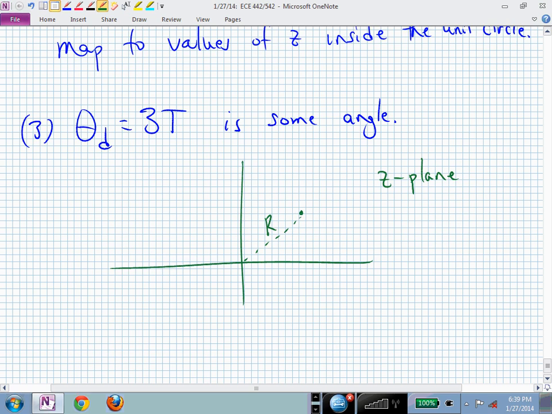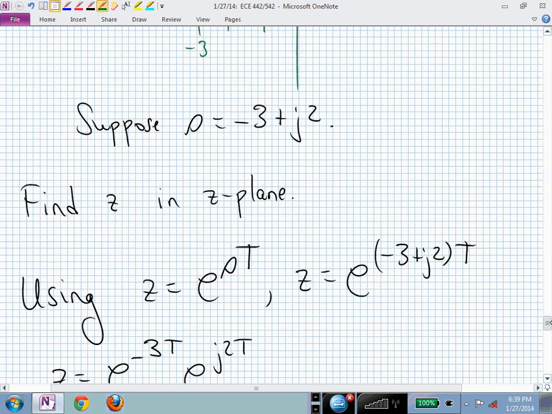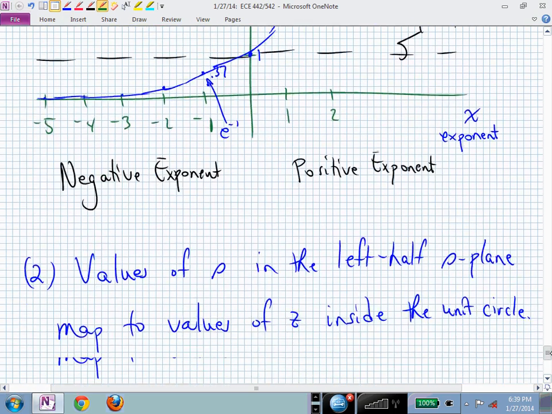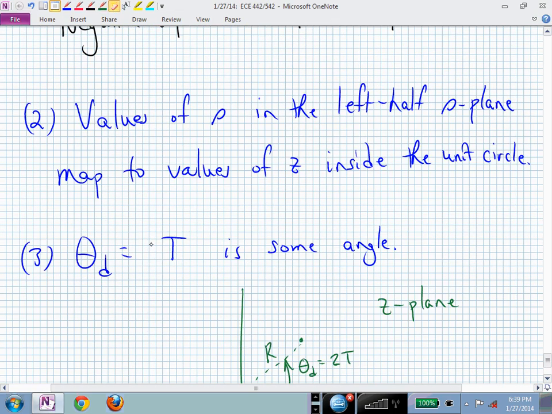If we were in the right half plane, we know this r would be bigger than 1, and this angle is now 2T. This should have been 2T, right? For our example, that was j2. So this is 2T, that's 2T.